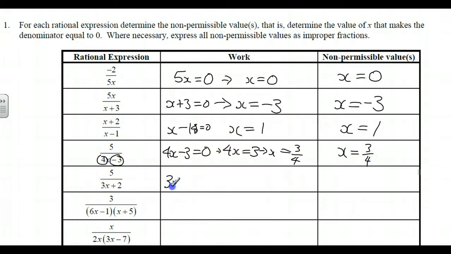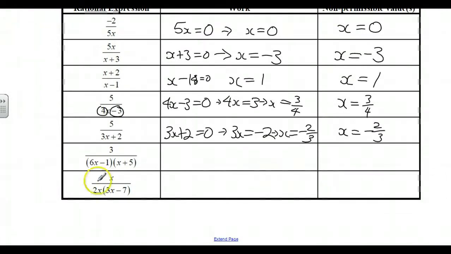Here, 3x plus 2 equals 0. 3x is negative 2, x is negative 2/3. Rule still holds, right? Opposite sign of 2 is negative 2 over 3. X is equal to negative 2/3. We've got 2 here, right?